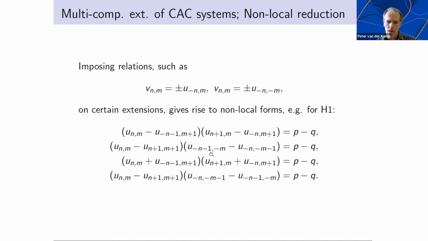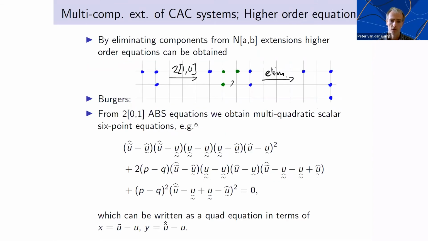And for H1, you get 4 different non-local forms of the H1 equation. And these are again scalar equations, 4 different scalar equations that you can get by first doing a multi-component extension and then doing a reduction again, in this case, a non-local reduction.